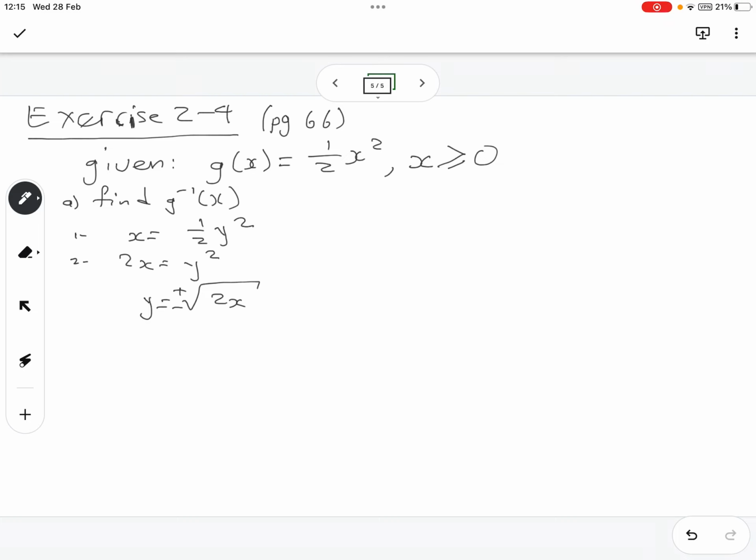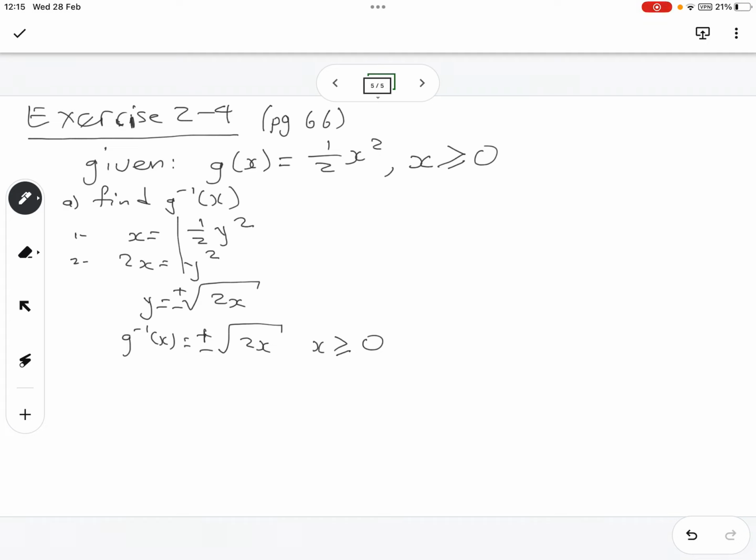Alright. And then that's g inverse of x. And I guess here also x must be greater than 0, must be positive.